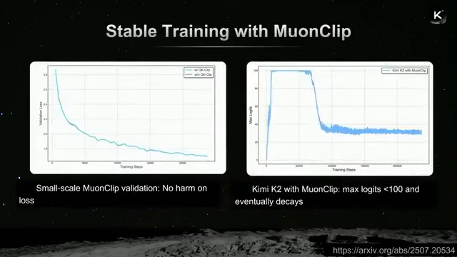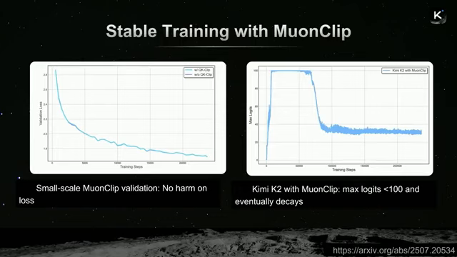These are some of the empirical results. On the left-hand side, there are 2 curves, but they strictly overlap with each other. These are the training curves before and after applying the clipping technique, so you can see the clipping technique does not affect the training loss decrease at all. But on the right-hand side, if we inspect the intermediate metric, the max logit, it is effectively constrained.